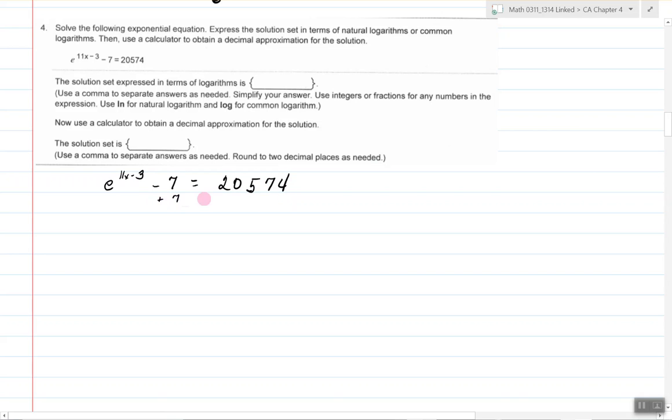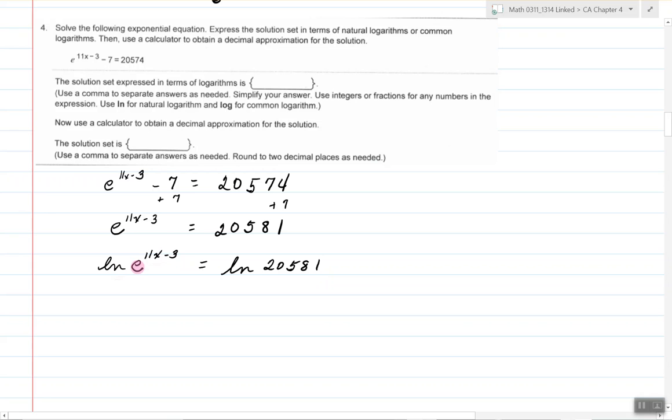So I'm going to add 7 to both sides. That gives me e to the 11x minus 3 is equal to 20,581. Now I'm going to take the natural log of both sides, so it's the natural log of e to the 11x minus 3 is equal to the natural log of 20,581.